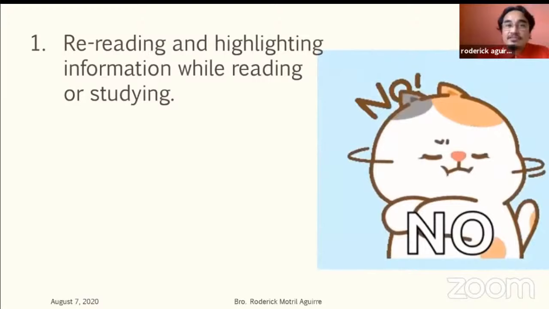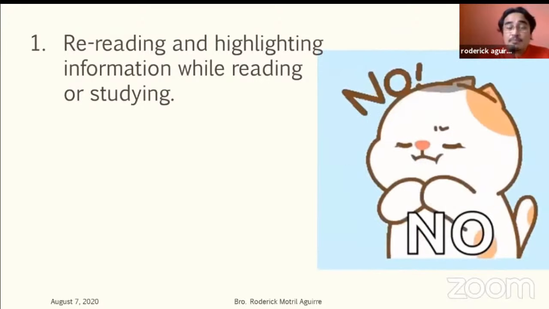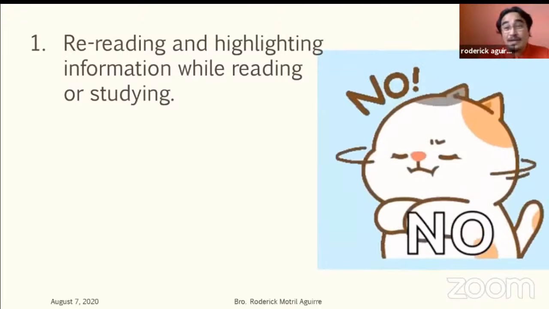What happens is that while you're reading and highlighting, you keep on highlighting technical words and vocabulary that you think you have misunderstanding on, or you think is important in the unit, but after reading it, those are not really important information. The problem is you already highlighted them.